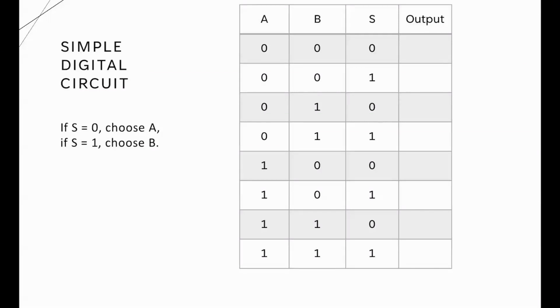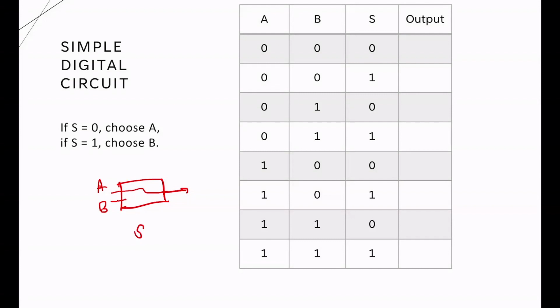So we can draw a truth table out of it. You have a circuit with inputs A, B, and S, and if S is 0, you put input A out to the output, and if S is 1, you want B out to the output. You have that kind of rule set, and then you can start designing the circuit by doing the truth table.